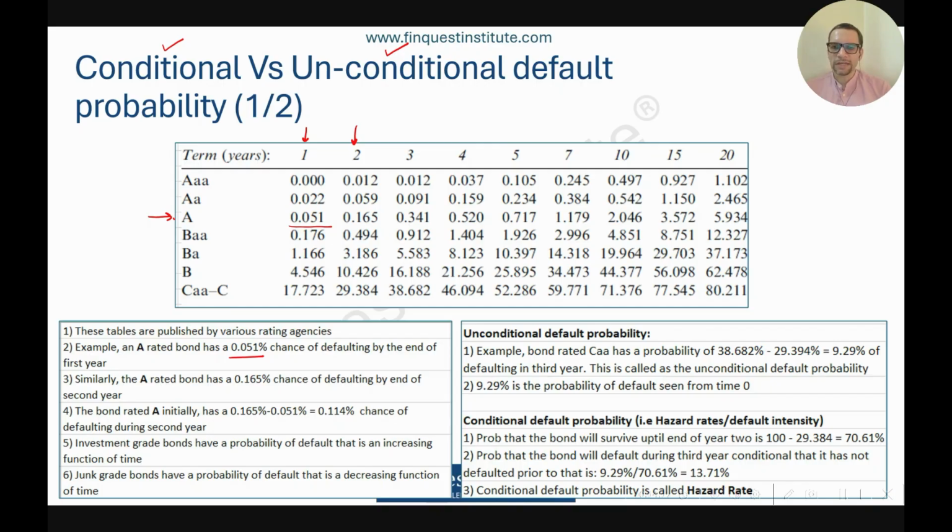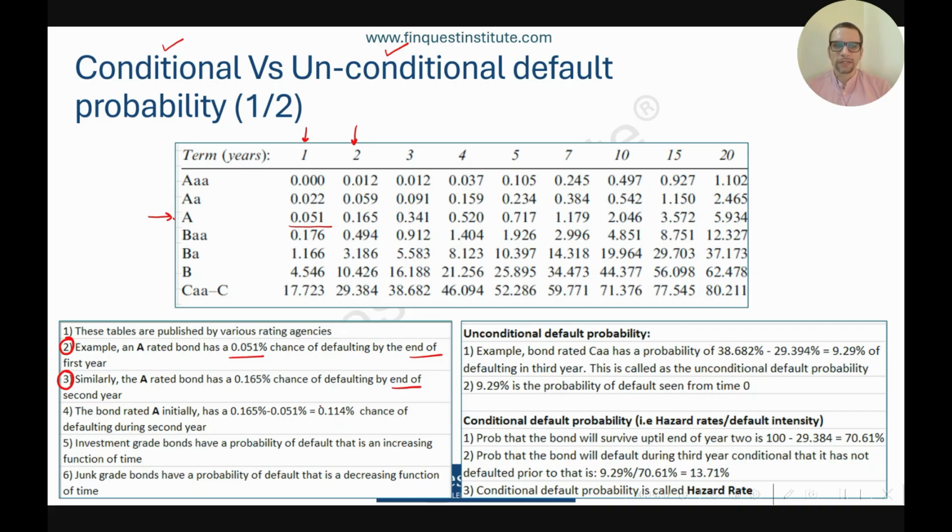If you'd like to understand the probability that this particular bond will default during the second year, then up till now, points 2 and 3 pointed to the probability of the bond which is currently rated A to default by the end of the respective years, first or second. Let's say we are looking at the probability of default during the second year.